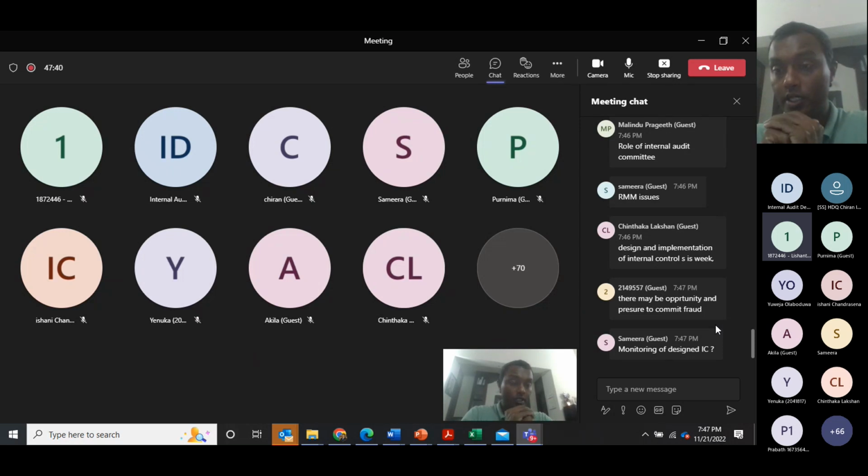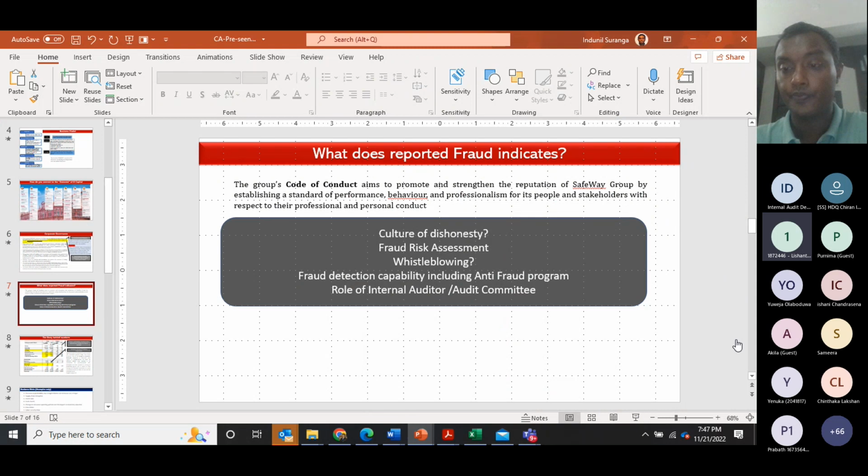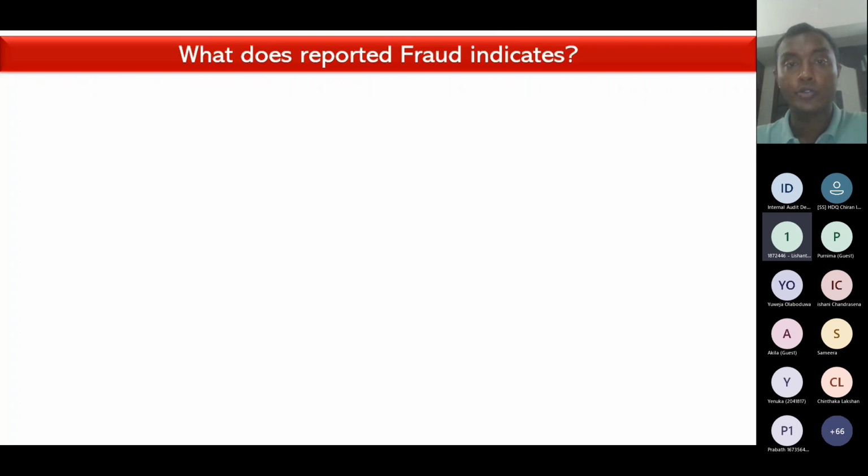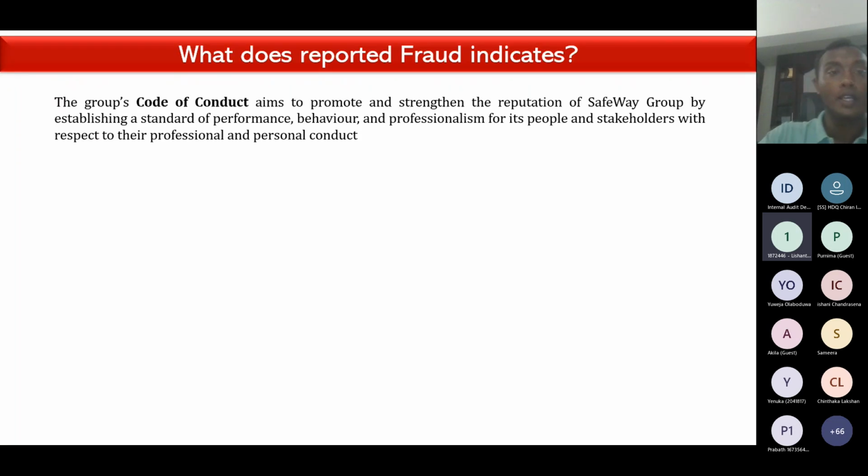Monitoring the design control, right? Now you will see a lot more than what you said in this slide. Let me show that. This is how you should really apply the case study, right? Now, when there is a fraud, what happens to the statement where they say that there is a code of conduct and people really follow it, their behavior, professionalism?